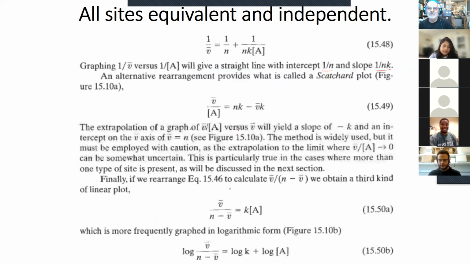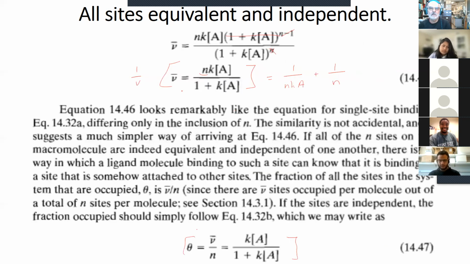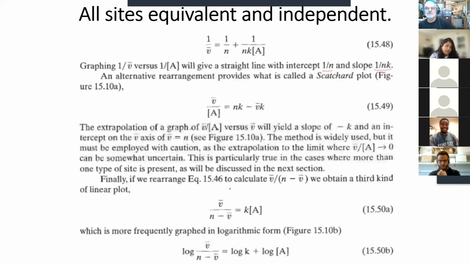Another way of plotting the data is to create something called a Scatchard plot. If you rearrange this data, what you basically have to do is multiply through by 1 plus Ka, and then rearrange so that you have nu over A is equal to nK minus nu K. If you plot this versus nu, you will get something called a Scatchard plot, developed by somebody named Scatchard.